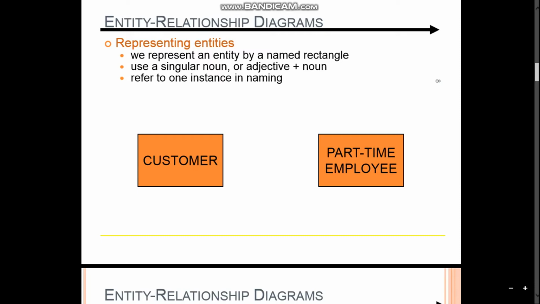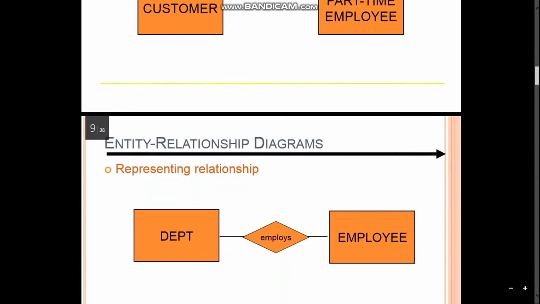Usually the name of the entity is a singular noun, an adjective, or an adjective and noun, and it refers to one instance in naming. जैसे आपको नज़र आ रहा है इस वक्त कि रेक्टेंगुलर सिंबल में हमने कस्टमर को लिखा है. सो कस्टमर इज एन एंटिटी. Here is another entity, part-time employee. So every entity is represented as a rectangular symbol with the name of the entity inside it.